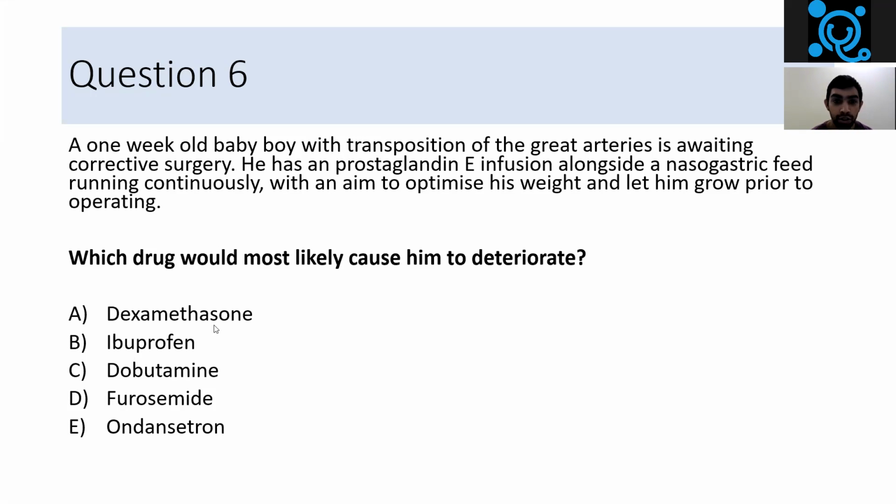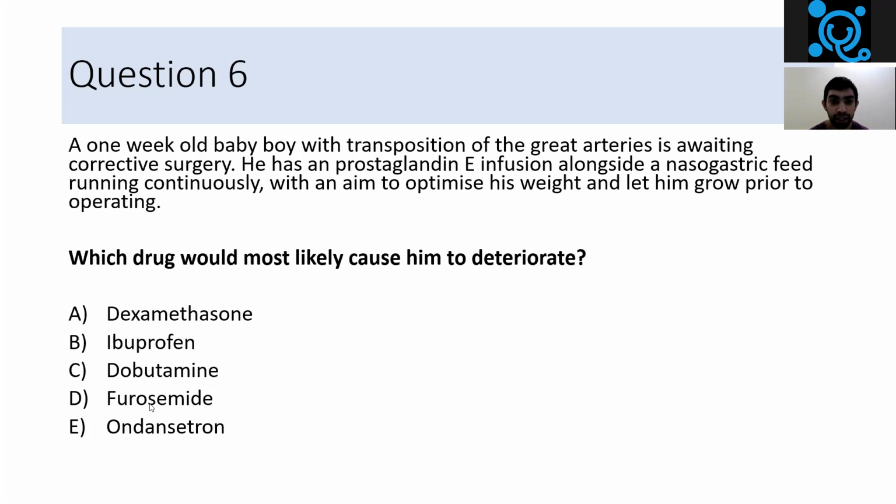Now, going through the other drugs, dexamethasone wouldn't do it. We normally give dexamethasone to the mother when the baby is premature, and that helps with lung maturation. This child actually might need dobutamine, so if they go into heart failure, you might need to give them an inotrope just to maintain their cardiac output.